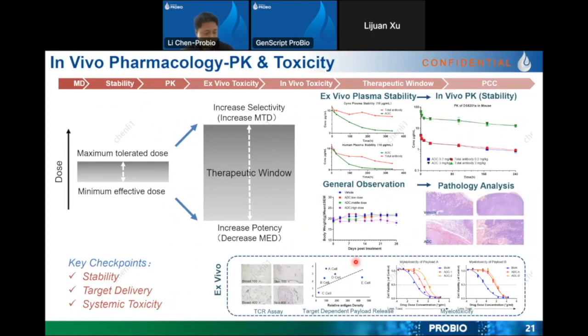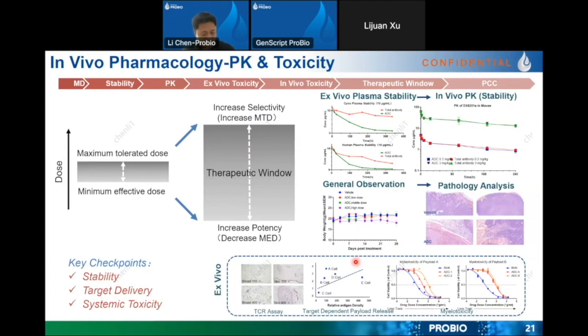PK and toxicity are crucial factors for the determination of ADC therapeutic windows, which is the constant import during ADC drug development. In the discovery stage, we usually pay attention to three checkpoints: the stabilities, target delivery, and the systemic toxicities.